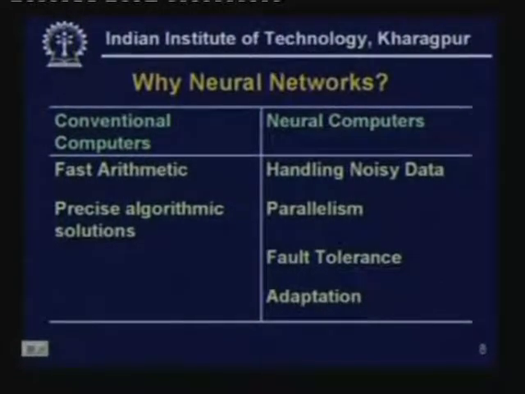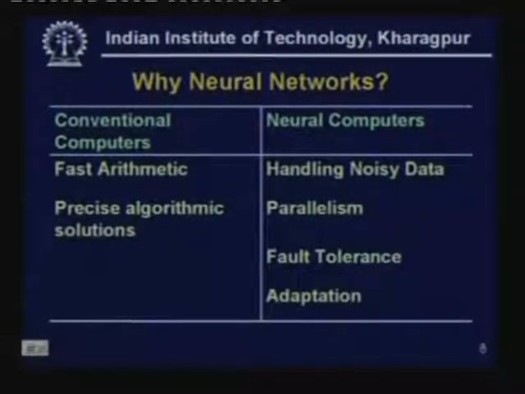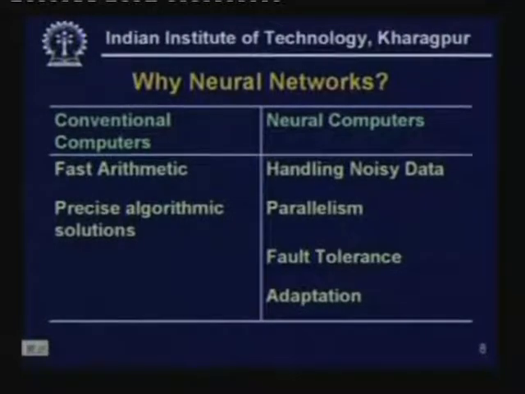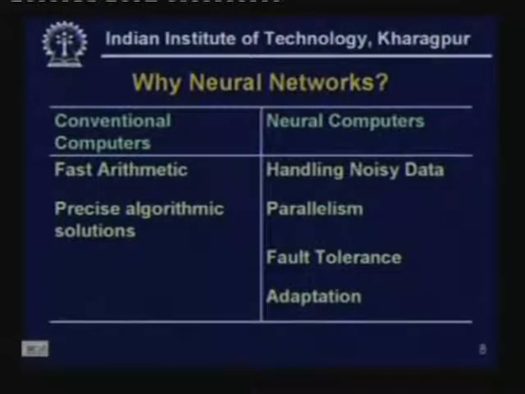Precise algorithmic solutions can be programmed in a conventional computing model. On the other hand, the connectionist paradigm is very good for handling noisy data, for taking advantage of a massive amount of parallelism between different processors. Such computations are fault tolerant and they are adaptive.